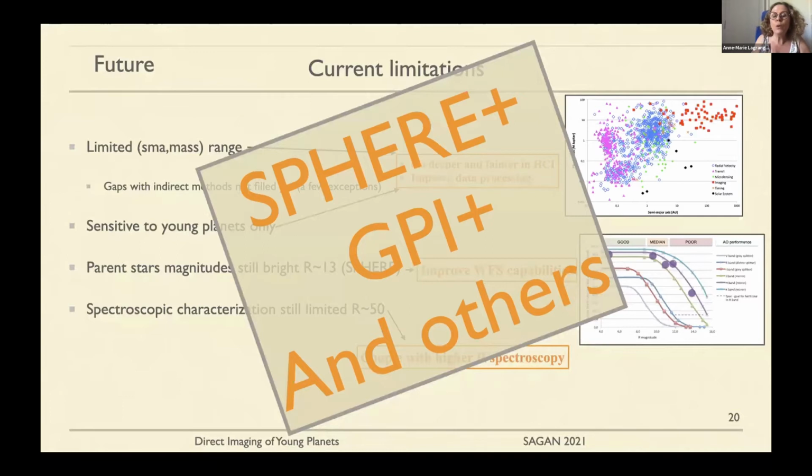The first one will be available in 2025, something like that. GPI will come in 2 phases, and the first phase should be next year. And there are also some other improvements on other instruments that are scheduled.